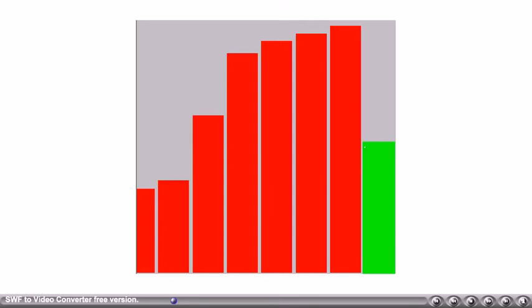Now we are taking the last element of the array.